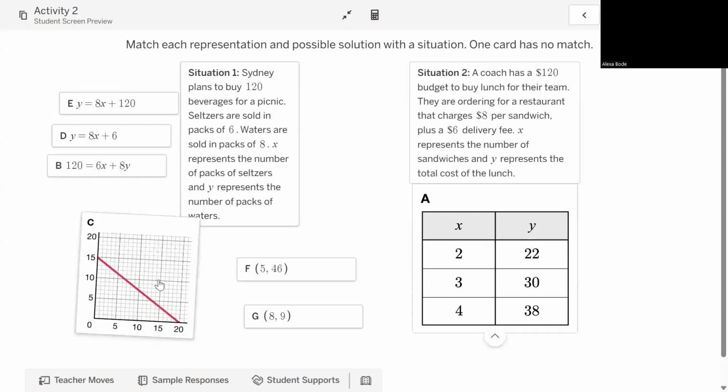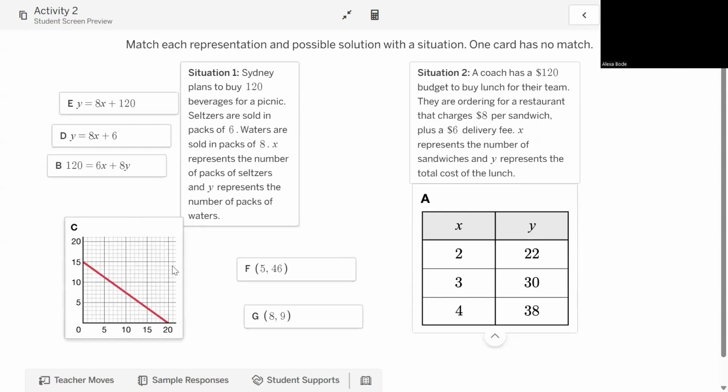I'm going to just jump to the graph now, instead of going to B, because I want to talk about the equations separately. So with our graph, we can kind of take the slope and y-intercept. Only one of these equations is a slope and a y-intercept.